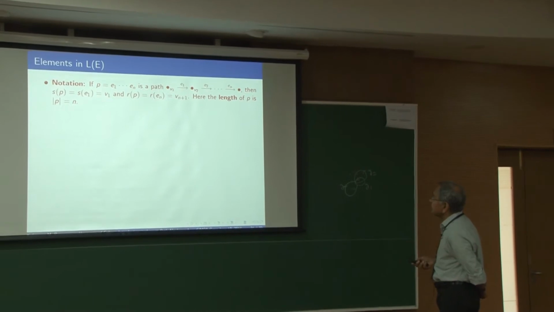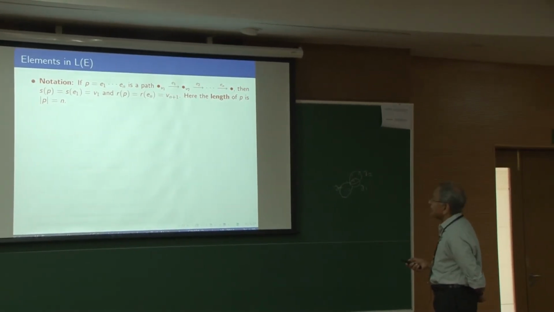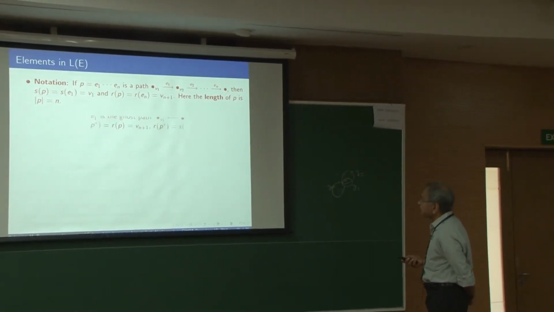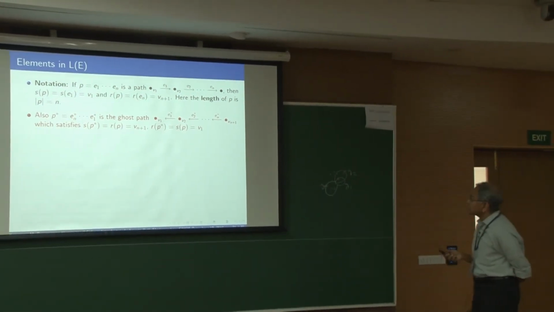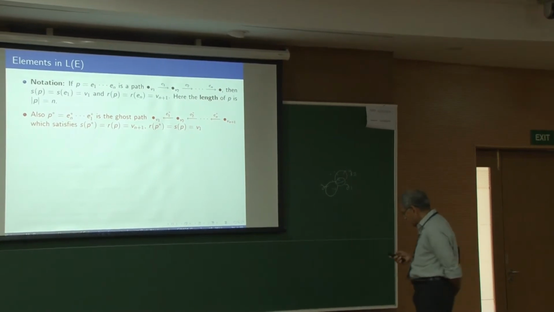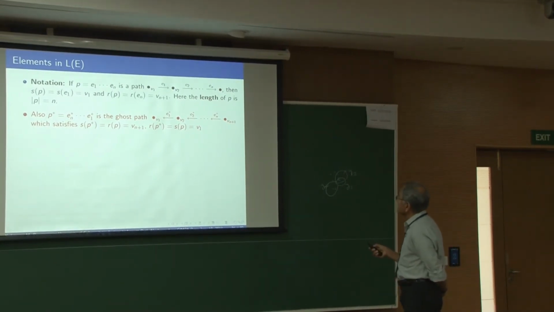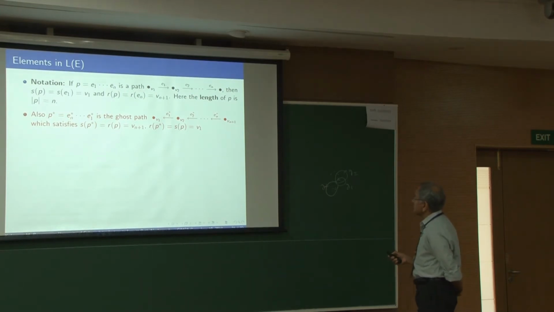The length of p is denoted by this symbol. Also, p star is the corresponding ghost path, which goes in the opposite direction. Again, the source of p star is v n plus 1, and the range of p star is v1.